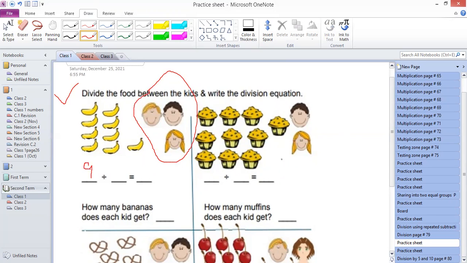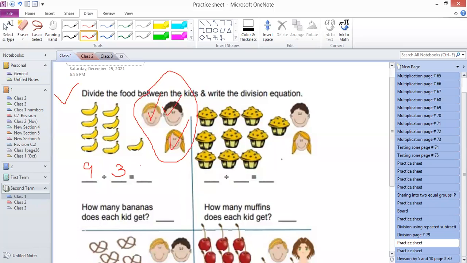Good. 9 divided by? You are distributing to how many kids? 1, 2, and 3. In how many groups? 9 by 3. Good. 9 by 3 equals?